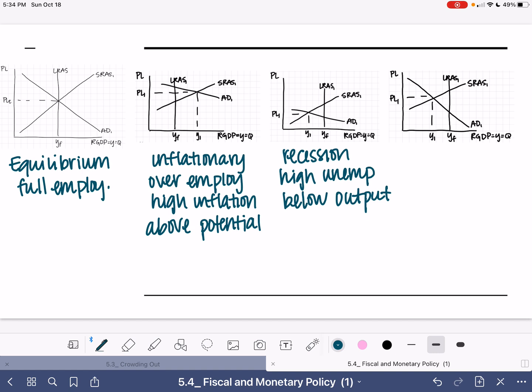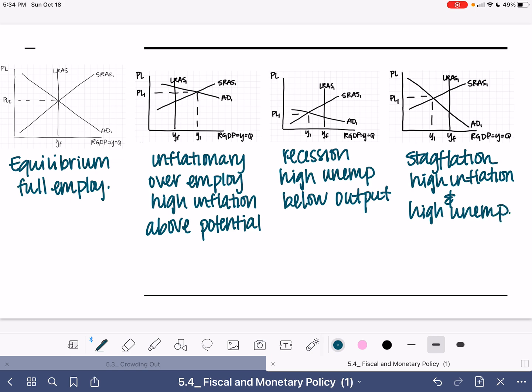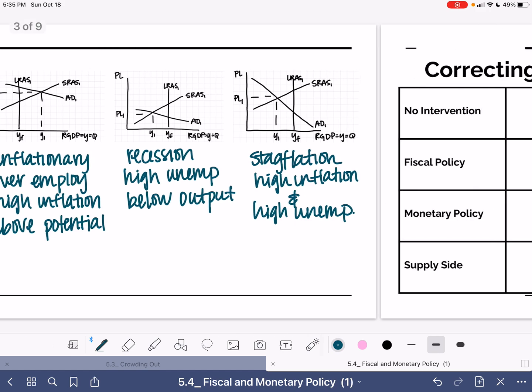And then our last gap over here on the right-hand side, this is our stagflation gap. So this is when we have high inflation and high unemployment at the same time. So these are 4 market economies that we draw regularly. So now let's review how we fix them.